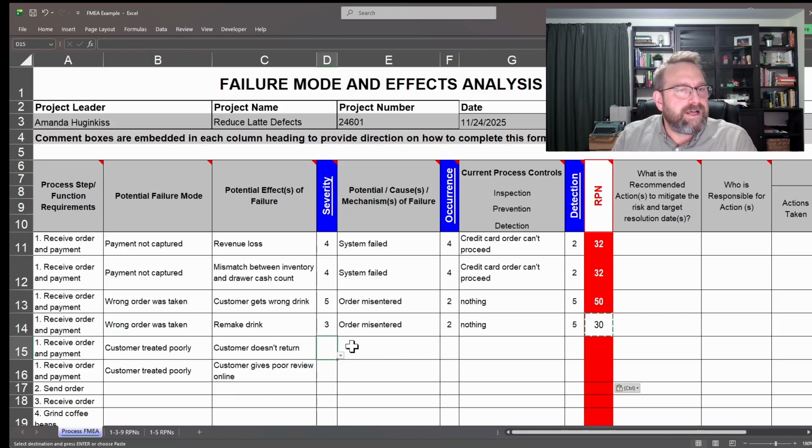All right, two more. So customers treated poorly. Our cashier is not pleasant, not friendly. Customer doesn't return. Wow, that seems pretty severe. Is it as bad as a 5, the customer getting the wrong drink? Maybe that's too high. I don't know.